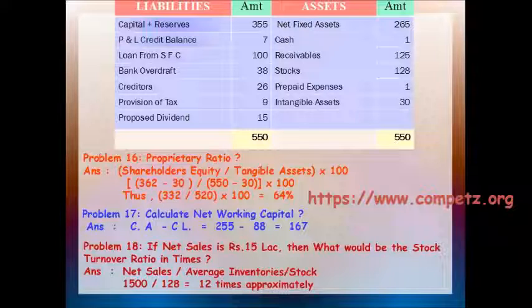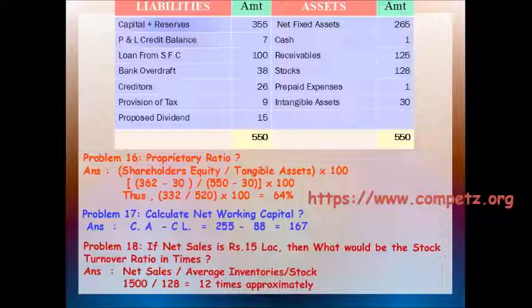So you will get 362 minus 30, that is 332, divided by tangible assets. What are tangible assets, friends? In the asset side, the total amount is 550. So 550 minus intangible 30, we get 520. Thus 332 in the numerator divided by 520 multiplied by 100, you will get 64 percent as your proprietary ratio.